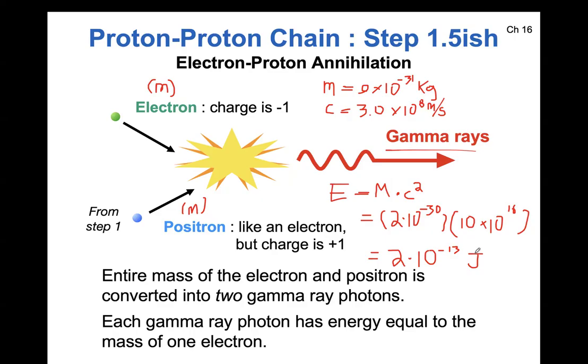If you have one centimeter of wire that's carrying a current, you're going to have something like 1 billion trillion electrons in just that centimeter. So if you were to annihilate that many electrons, you'd be getting 1 billion joules out of just the free electrons in 1 centimeter of copper wire. So it just goes to show how much energy is contained in matter when you convert it to light.